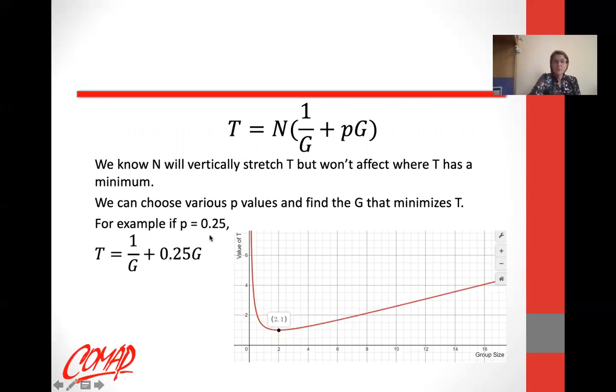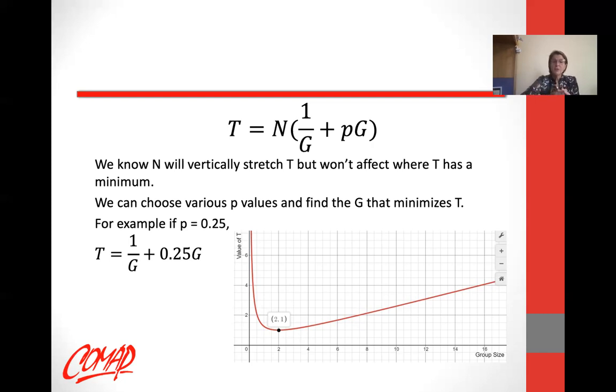The p-value is much bigger now, it's 0.25. I'm just ignoring the N, because the N will just be a vertical stretch of the function. So the minimum of T and the minimum of my modified T will still occur at the same value. It's just the y value will be different in terms of the number of tests.